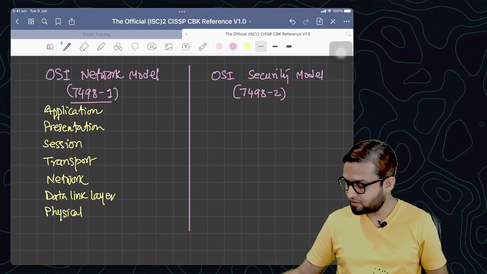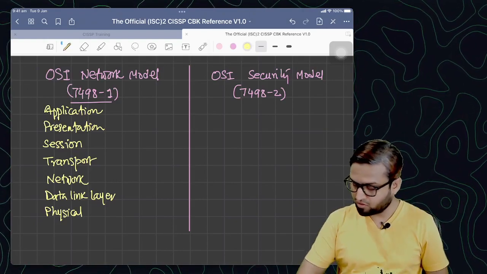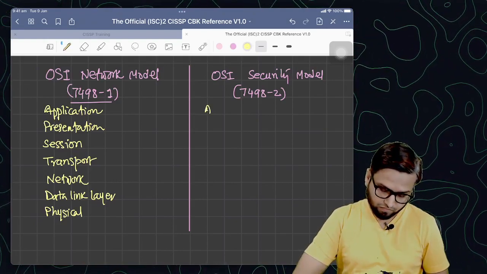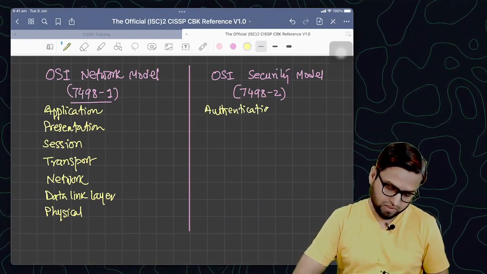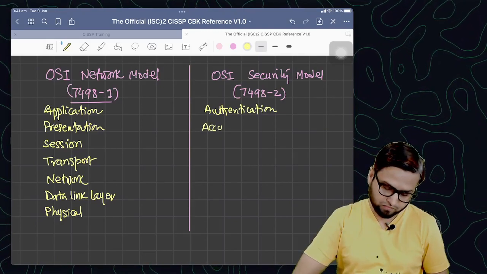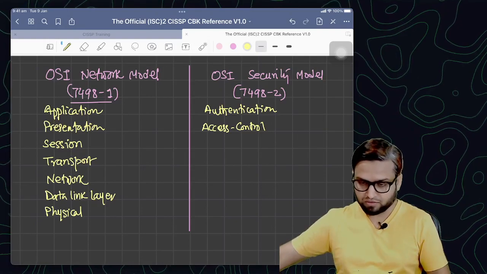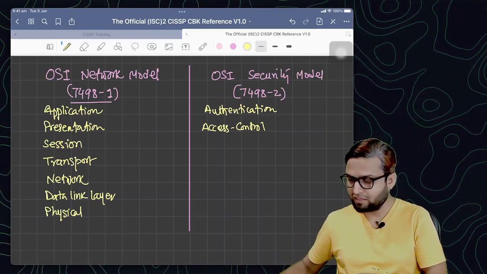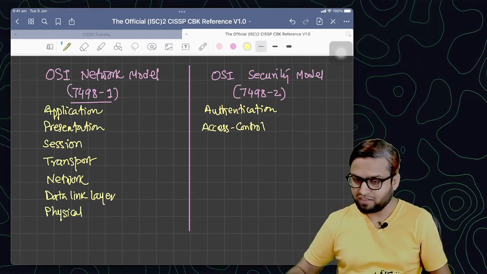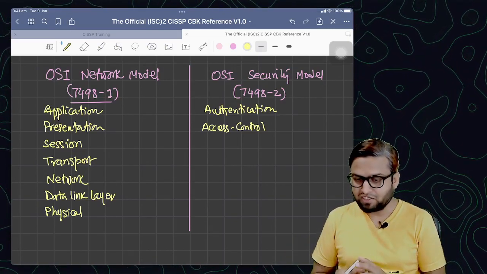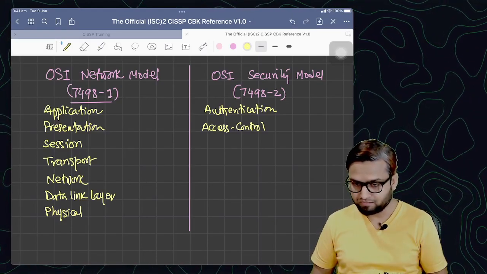And what are the different steps here in the OSI security model? So first is authentication. Then you have access control. If you see here, it goes in a sequence, wherein the understanding is how a message is being received or treated, the message treatment flow you will see in these layers.